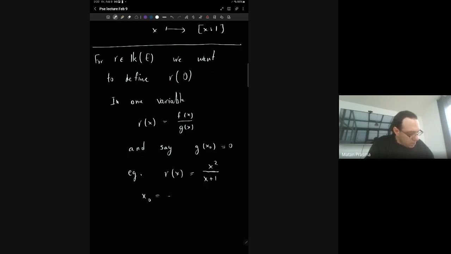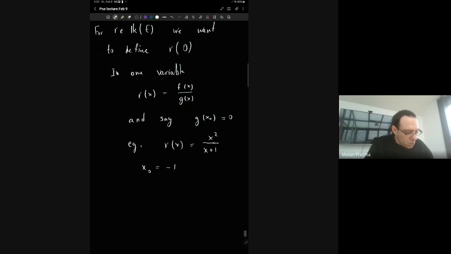Then x0 equals -1 is a point in which the denominator vanishes. So in order to determine what I want to call R(x0), I divide both the numerator and the denominator by the highest monomial, which in this case is x squared.